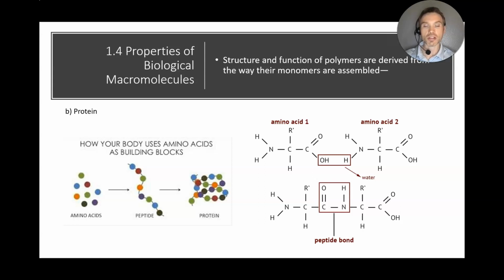Similar to the nucleic acids that I just discussed, you can see that this liberates a water molecule. Therefore, this is a dehydration synthesis reaction. And in proteins, we call this a peptide bond. This is also a form of covalent bond.